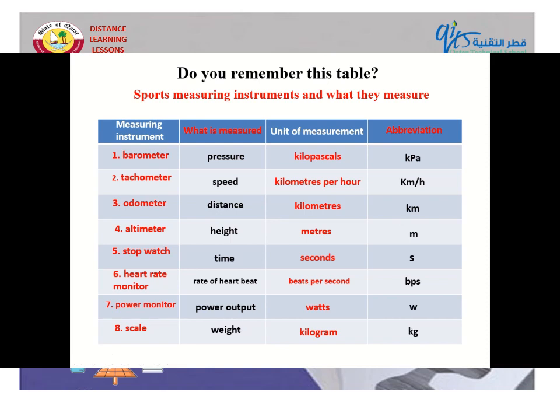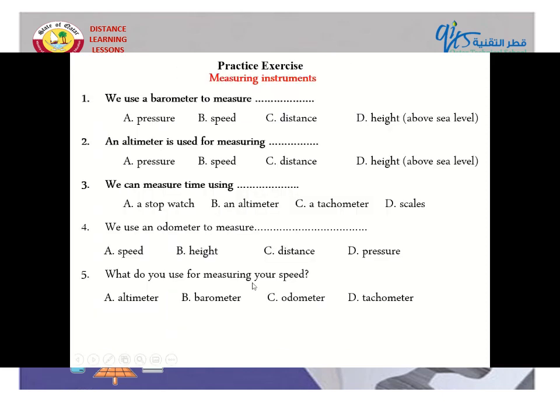Great. Now let's answer some questions on measuring instruments and what they measure. Number 1, we use a barometer to measure pressure. Great. An altimeter is used for measuring height above sea level.